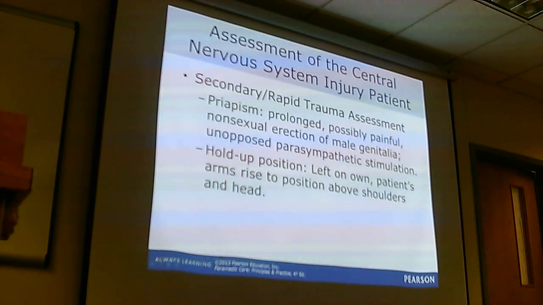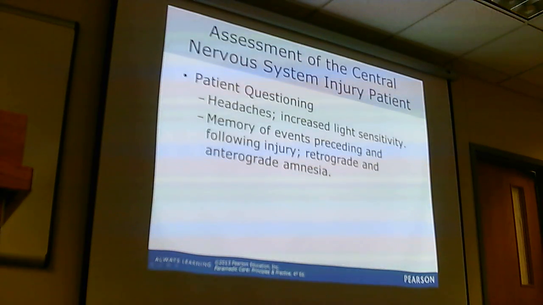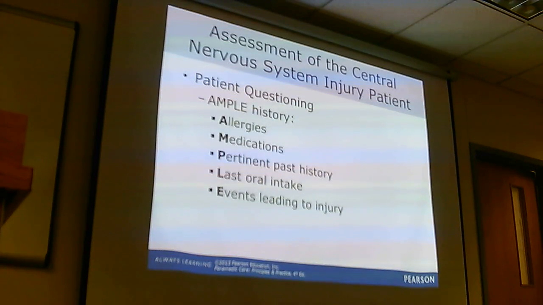It's going to cause uncontrolled vasodilation. And so that's a sign, at least in males, for any spinal injuries, and be looking for that. Doctor, is that a specific C-spine injury? Yeah, that'll actually pop that in.